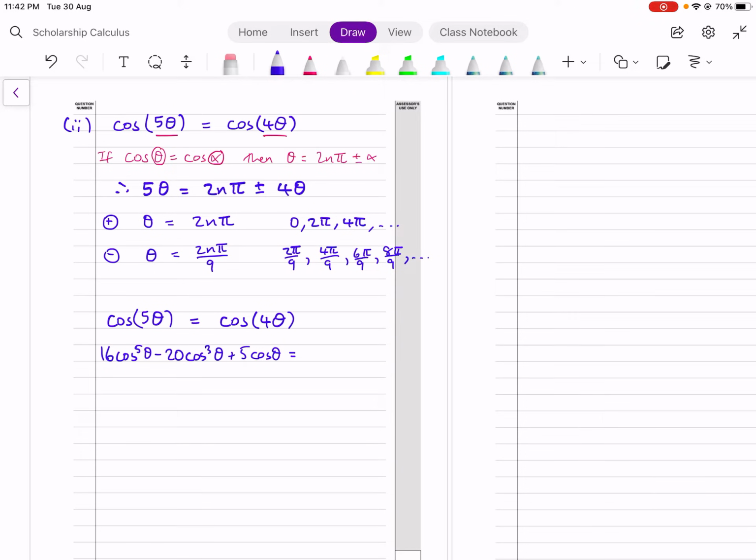I'm just quickly loading up Wolfram Alpha. So if I type in on Wolfram Alpha cos 4x, it's going to give me an equivalent polynomial. It will just be a degree 4. Might have to scroll down a little bit to get it.